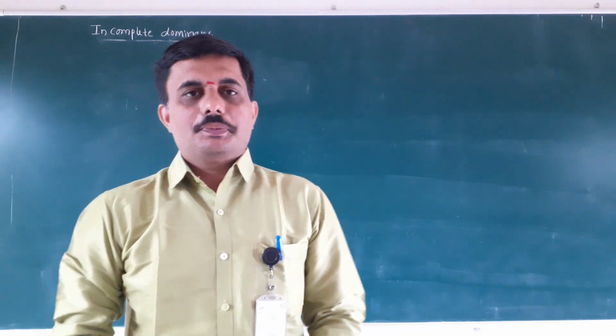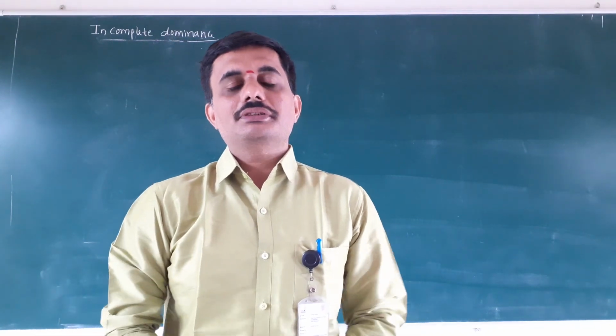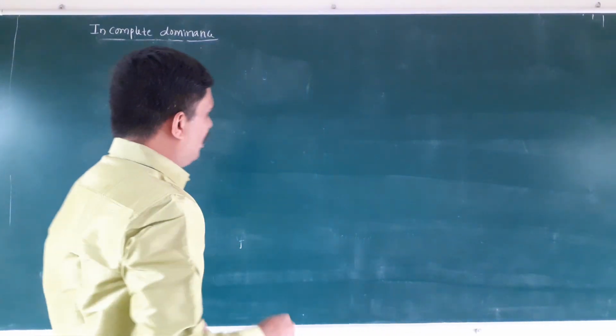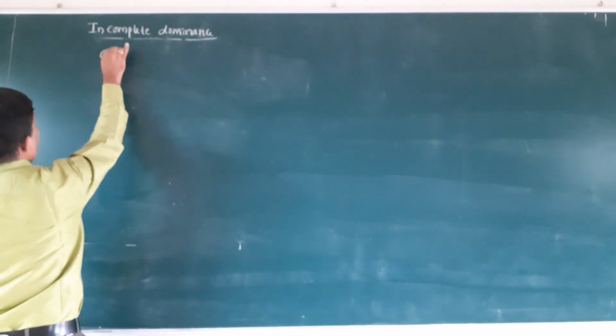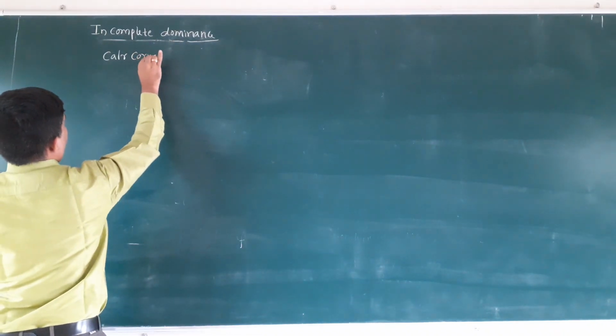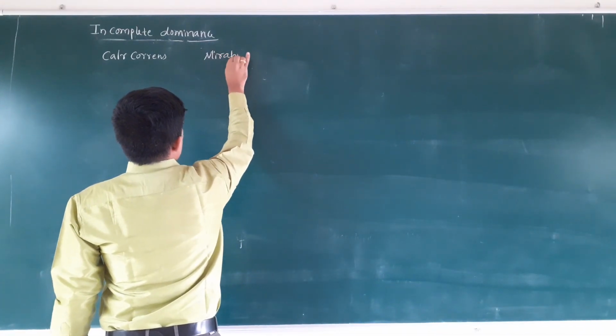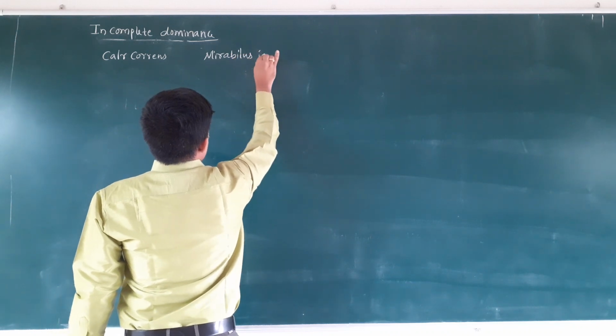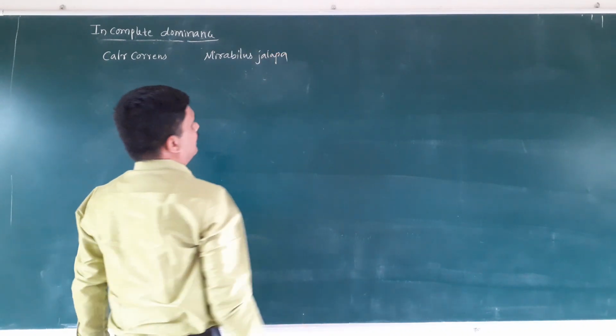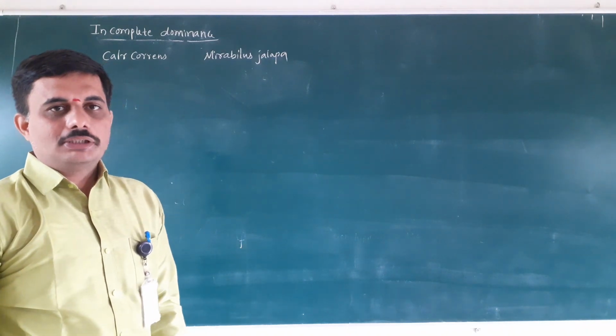This experiment on incomplete dominance was done by Correns while working on Mirabilis jalapa.